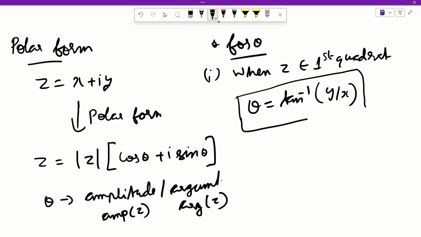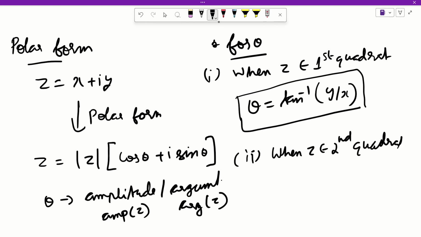Second one: when z belongs to the second quadrant, then theta is equal to pi minus tan inverse y by x.